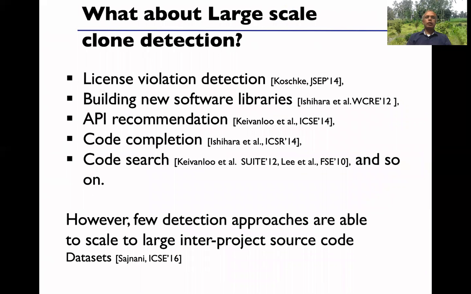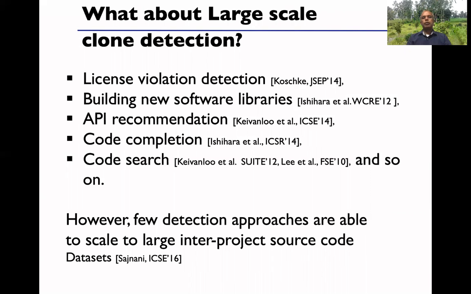There is also another aspect, which is getting very popular and important nowadays because of the data we have: large scale clone detection. People have applied clone detection for license violation detection, for building new libraries, for API recommendation, for code completion, for code search.